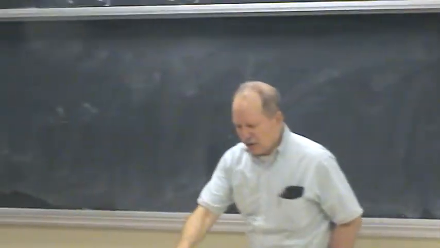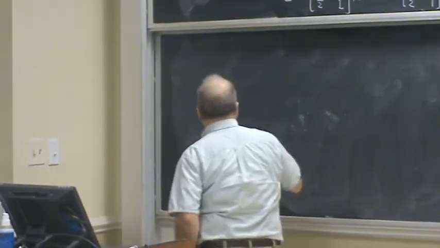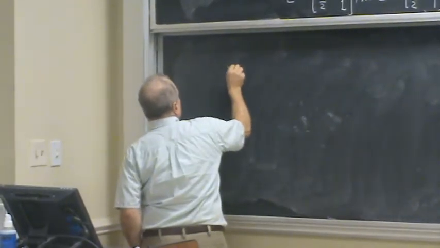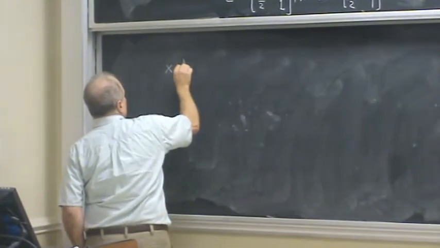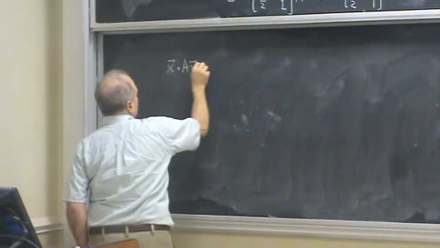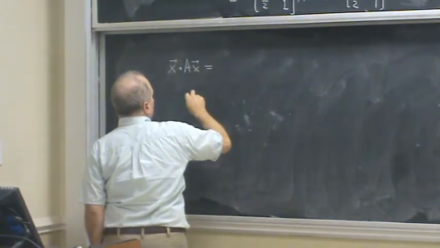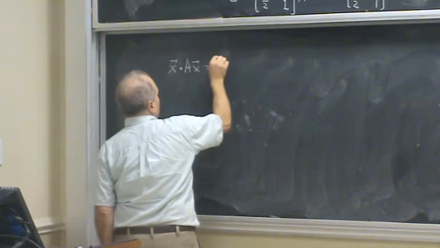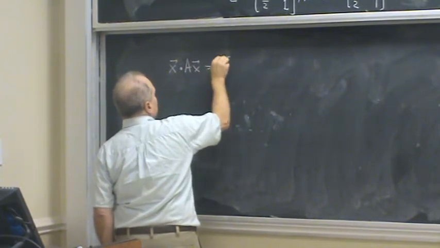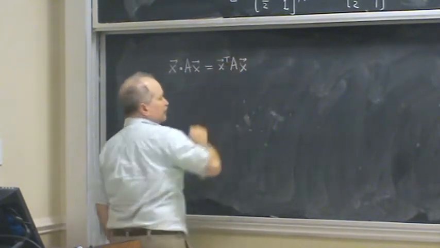All right, so let's look at x dotted with Ax, and let's think of that as x transpose Ax.